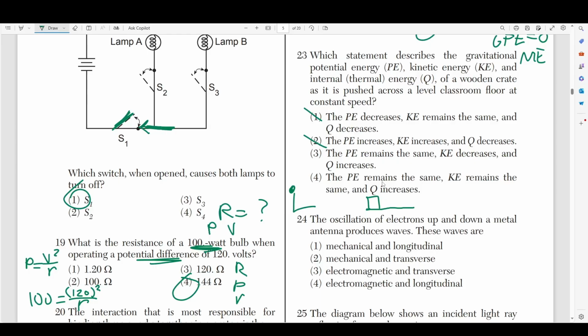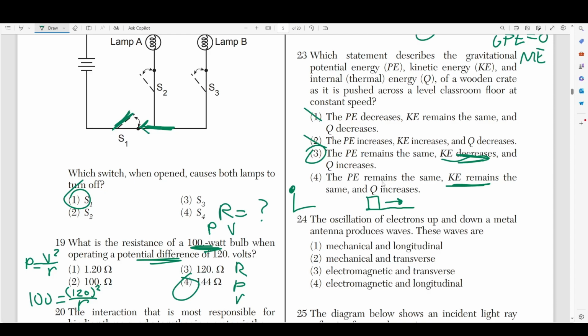Next, we have to deal with the other variables here, right? It's going to say that either your kinetic energy decreases or your kinetic energy is going to remain the same. Well, think about it. Your kinetic energy is going to decrease because as you start dragging this crate along the floor, that kinetic energy is going to be converted into frictional energy, right? Why is it hard to push something across a floor?